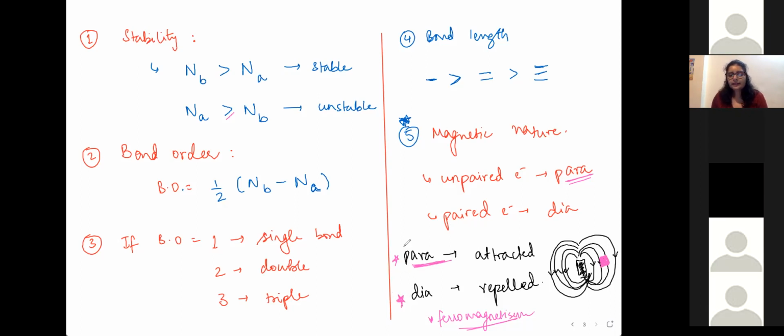Diamagnetism happens when all the electrons are paired up with each other. Paramagnetism happens when there are unpaired electrons in that substance, be it the element or the compound.